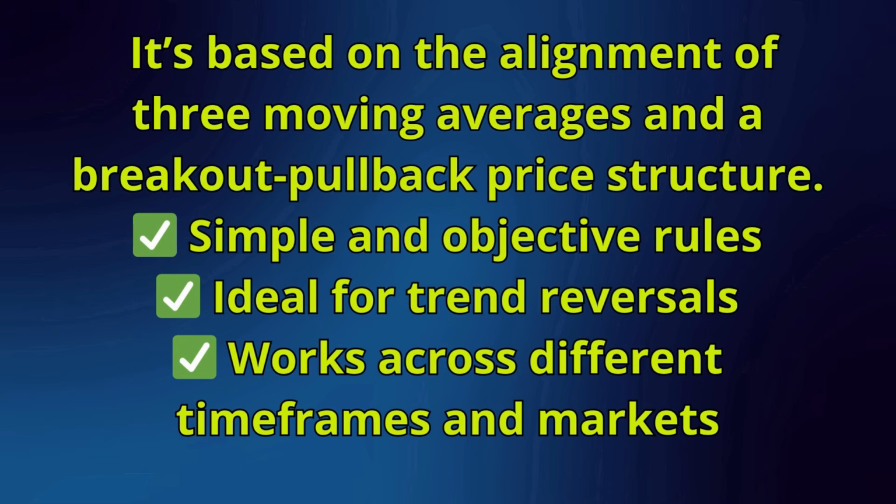This combination results in a method with simple, objective rules, making it ideal for identifying trend reversals. Furthermore, its principles are robust enough to work effectively across various timeframes and markets.